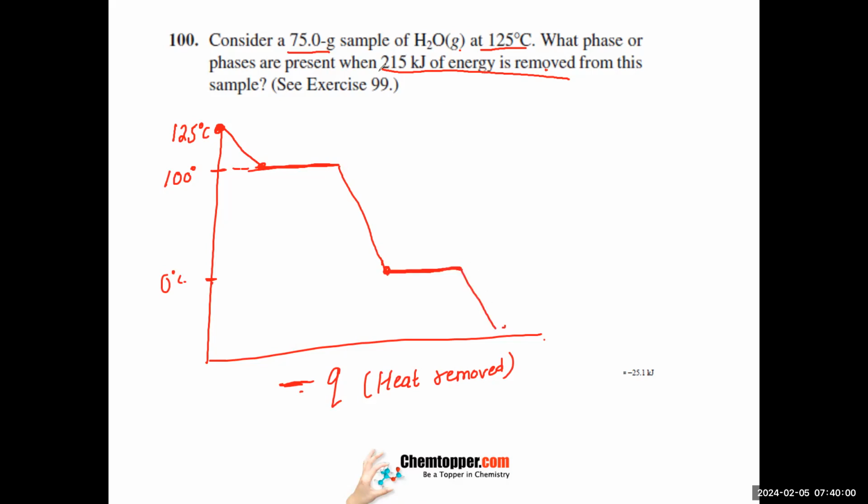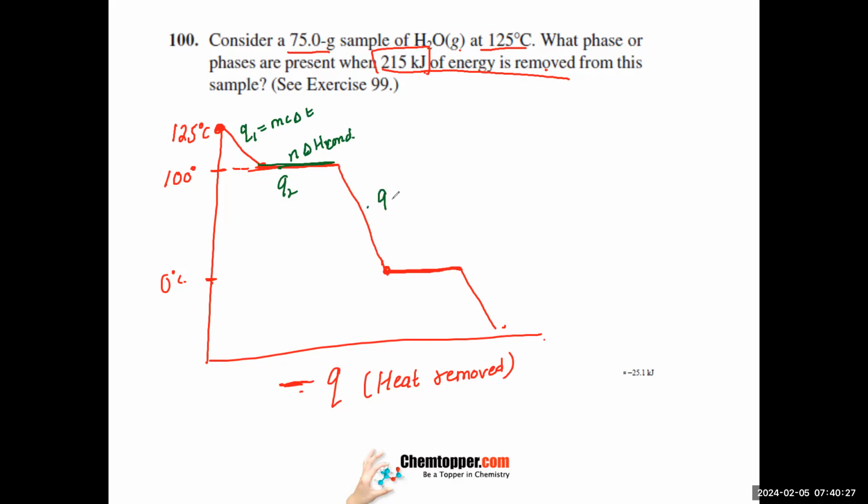The total amount of heat needed, heat removed, is this. So what are you going to do? You'll calculate Q1 by using mcΔT. You'll calculate Q2 by using n times ΔH of vaporization, which is also condensation now. This is condensation, the reverse process.